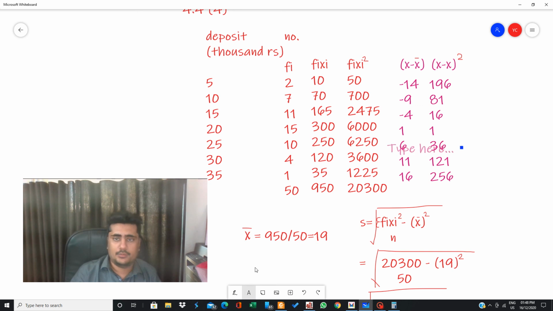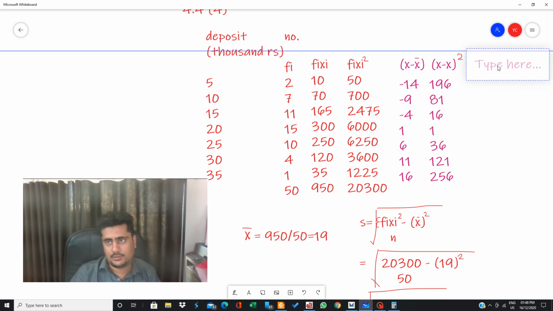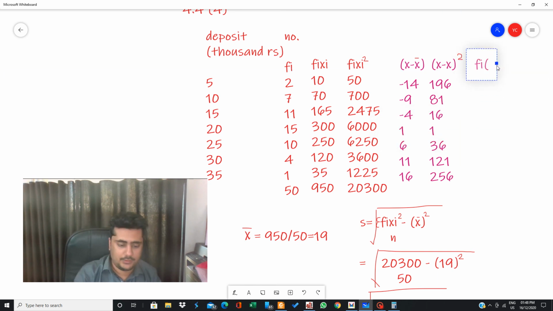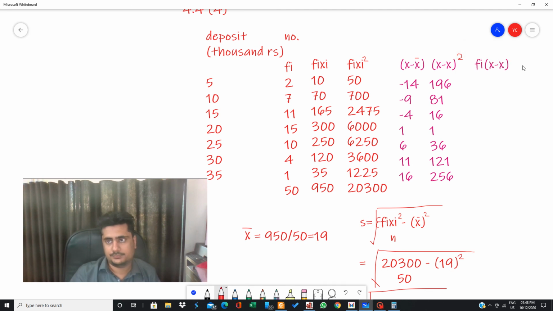Now I have to find fi into x minus x bar whole square.